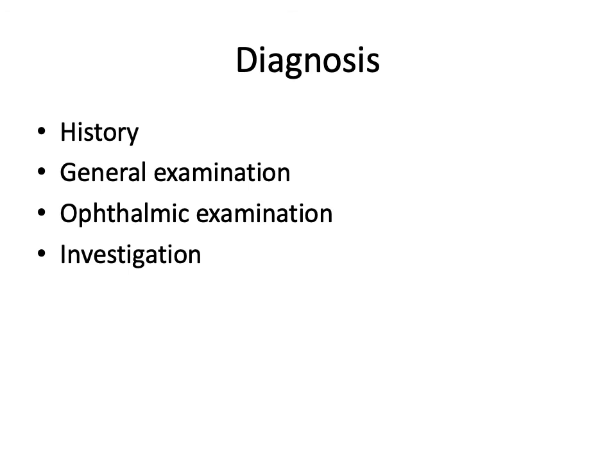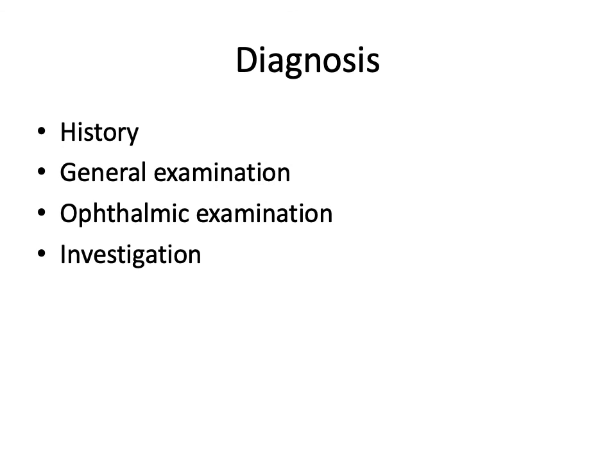All the body should be examined because, as we said, uveitis may be associated with systemic diseases like arthritis, or may have other signs or symptoms, either neurological signs or skin signs, for example, in Vogt-Koyanagi-Harada disease. After the general examination, we will examine the eye very well, starting from the lid up to the optic nerve. And the last thing is the investigations.